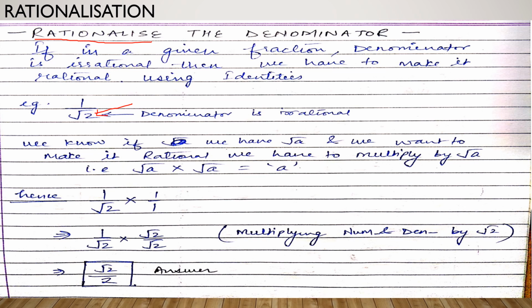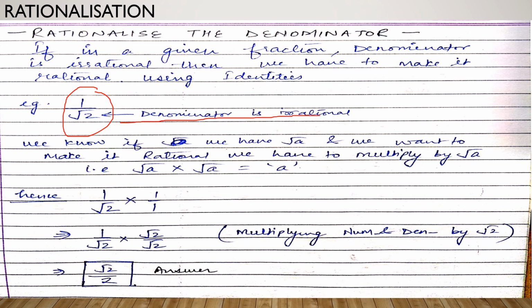There are normally two cases where we learn how to rationalize. Let's start with the first one. If in a given fraction the denominator is irrational, then we have to make it rational using some identities. Suppose this is the question, 1 upon root 2, and you see that the denominator is irrational.